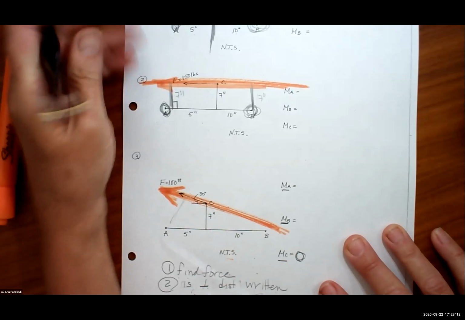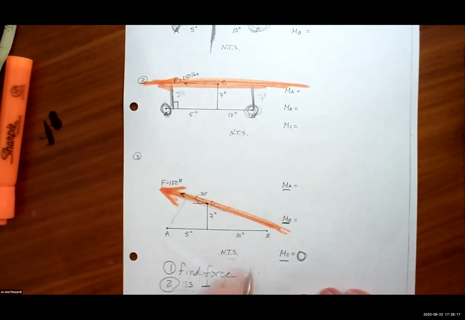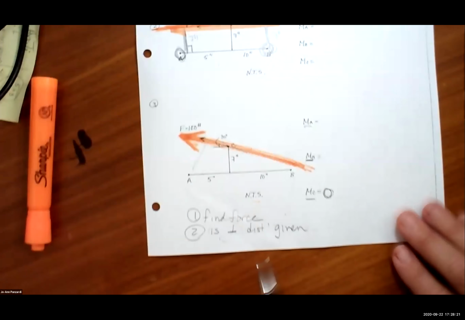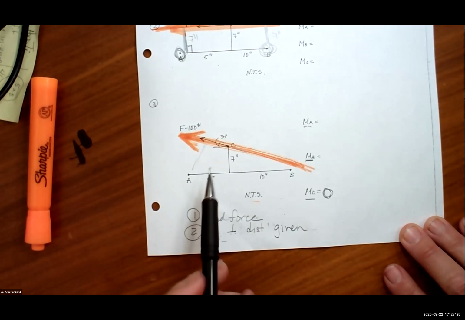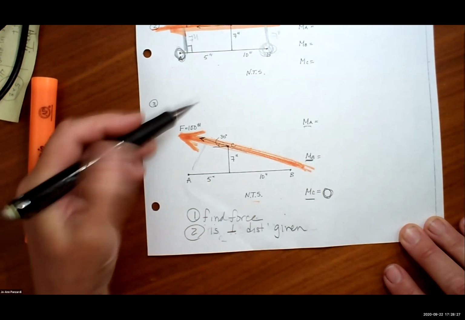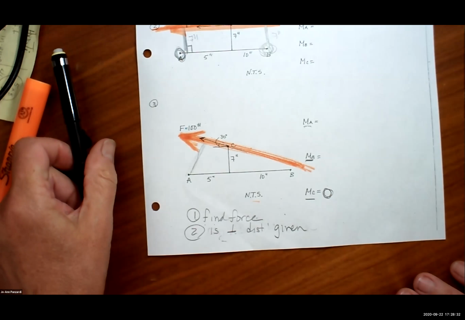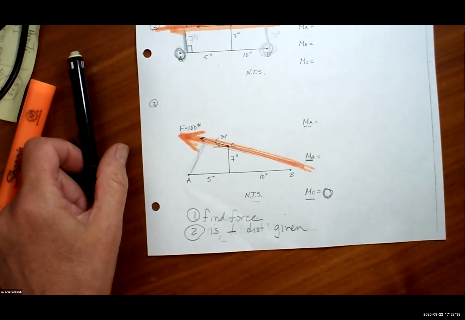It was a distance given. That's my question. So, Jack, is the perpendicular distance given to find the moment about A? No, it's not. We probably could do it by geometry, but we're not going to take our time to do that.